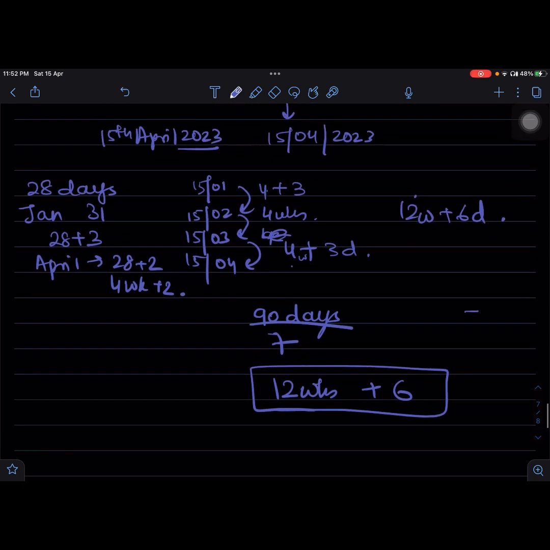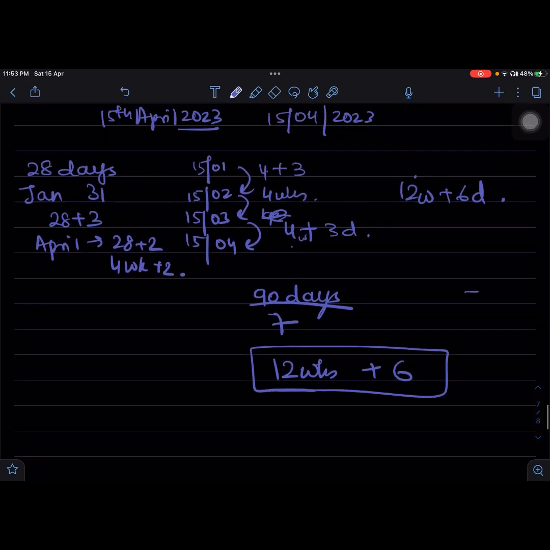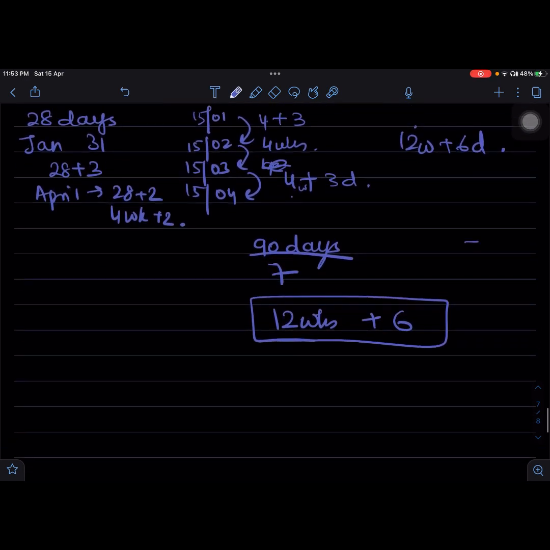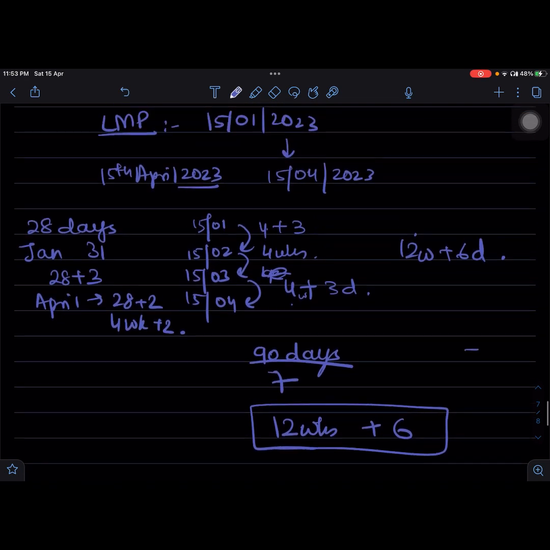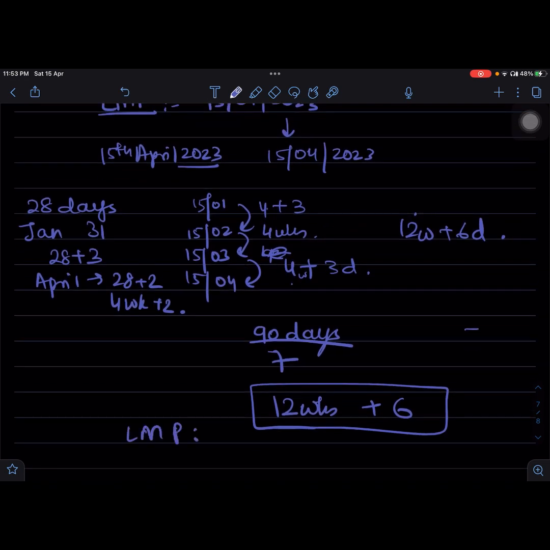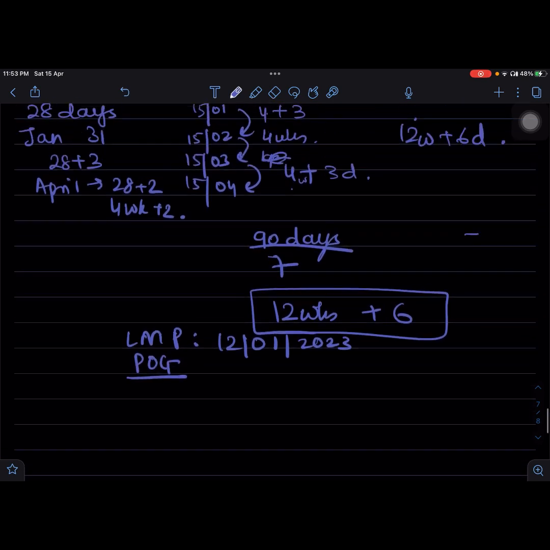So I hope it clarifies it and you're able to calculate your POGs using this formula. And I'll give you another exercise. Supposing this person comes and LMP is 12th January 2023. So what will be her POG as of today? So again, we'll do as before. Today is 15th of April, right?